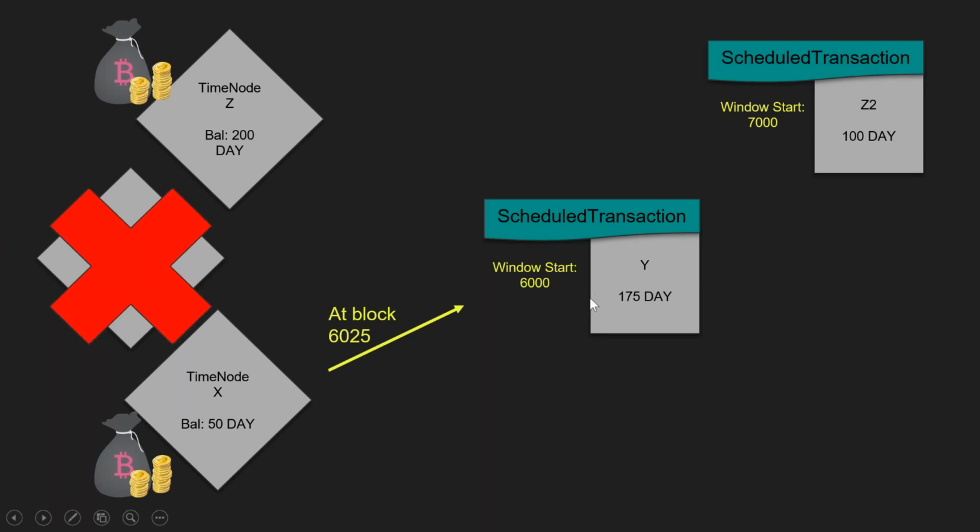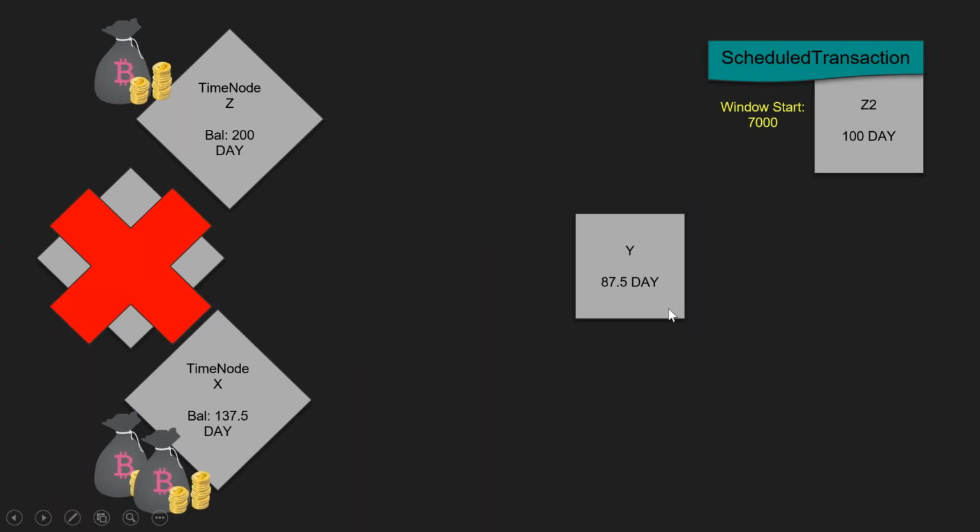And because time node Y is offline and can't execute what it staked to execute, it'll lose part of its bond. For example purposes, this is half of its bond. This number might change. It might be dynamic. We're still experimenting with how much of that bond will actually be lost. But for now, for example purposes, we're using just half.